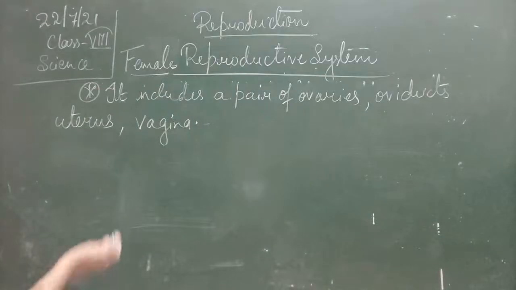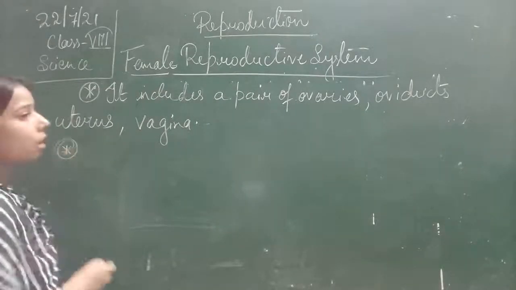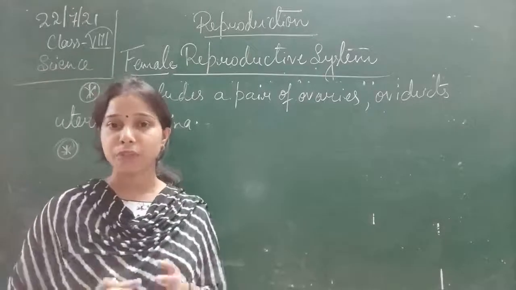Now let us see what about ovaries. Ovaries are the two almond shaped structures.